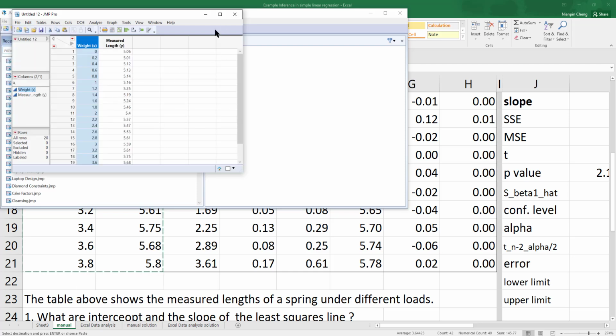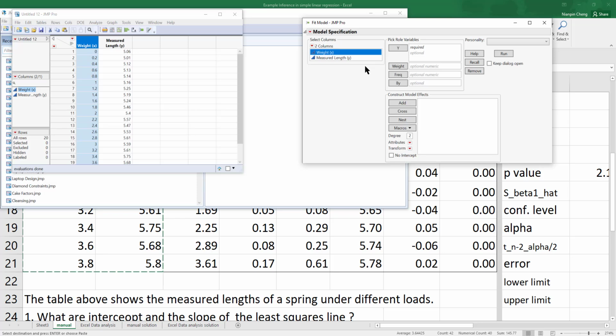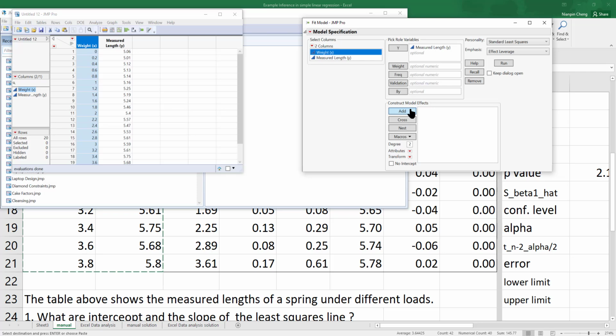We also need to make sure both columns, look at the icon here, this blue triangle, mean the data are numerical or quantitative. To build a linear regression model, X and Y should both be quantitative values. Then we go to Analyze, Fit Model. Automatically it will pick the regression model. So this is Y, this is X. You click Run Model.